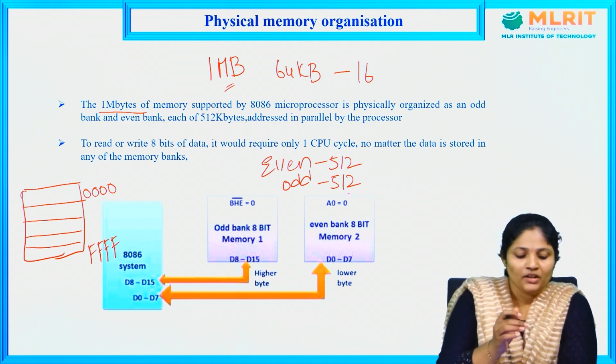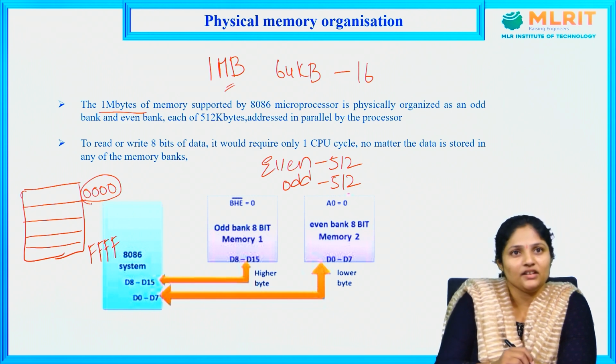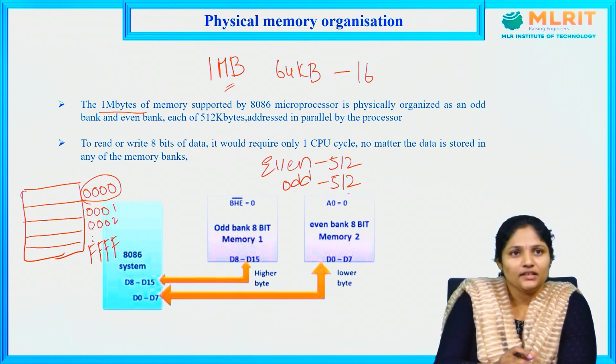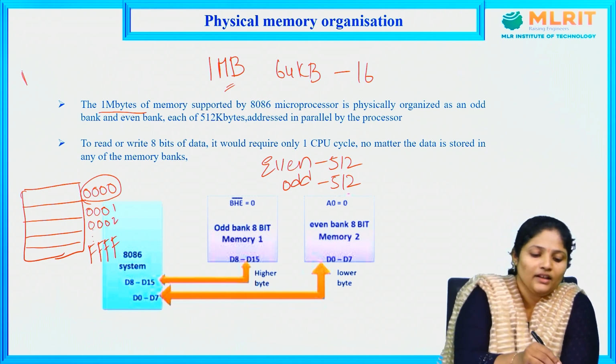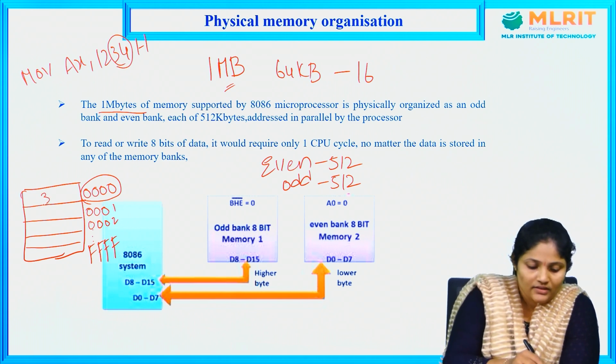The memory addresses which are even are considered even memory blocks, and the addresses are always consecutive numbers. If we are storing, in this example, MOV AX, 1234H, the lower byte will be stored first, followed by the higher byte of data.